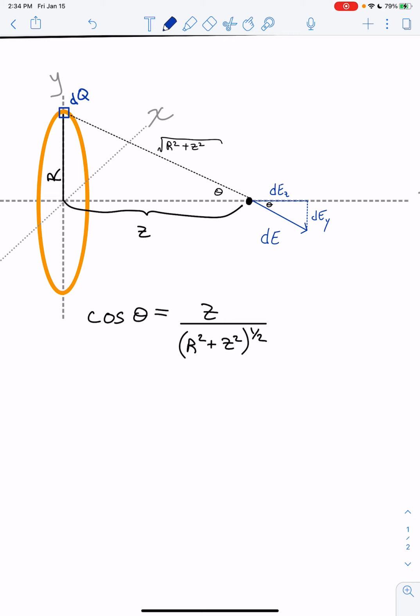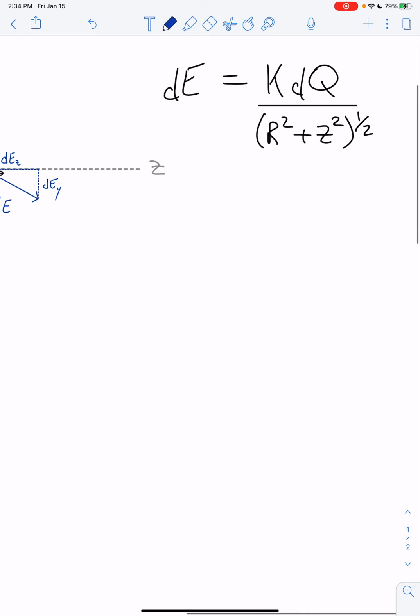Okay, so that's why we're going to be interested in Ez. So if we were to then convert this equation to an equation for dEz, we need to consider the angle.